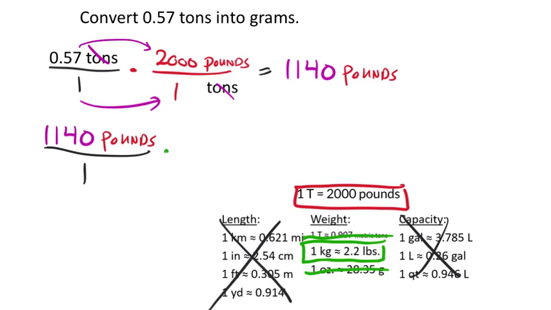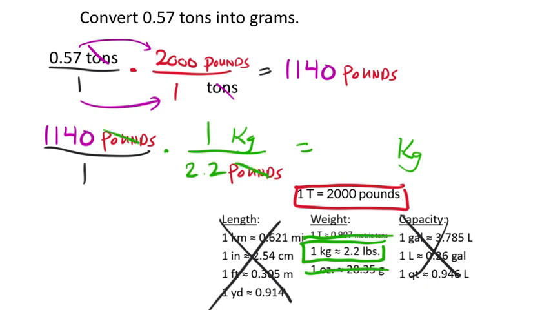So we're going to multiply this by a conversion factor, something divided by itself. I do want the pounds to go away, so with the pounds on the top, I will now have pounds on the bottom, and I'm going to change this into kilograms. In the conversion factor, it says 1 kilogram is 2.2 pounds, and when I multiply these, I will have kilograms because the pounds will have canceled away.